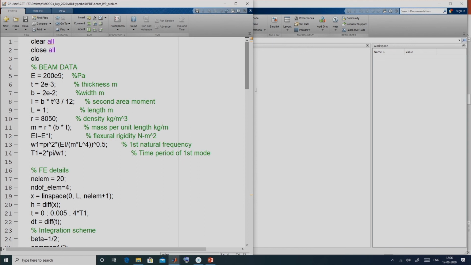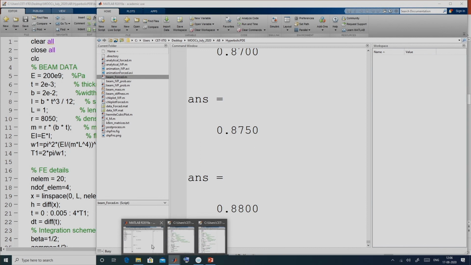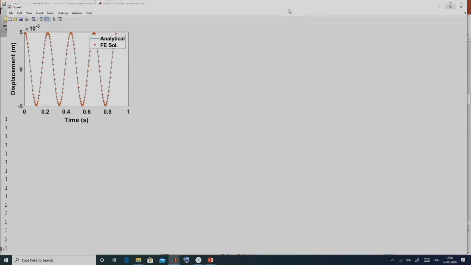What I have done is basically calculate the displacement of the mid of the beam and compare it with the corresponding analytical solution as I increase the time. So as you see, it is showing the time of simulation, and finally it displays the solution.